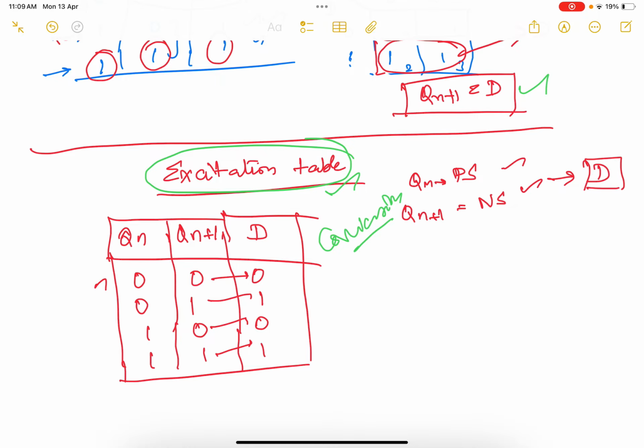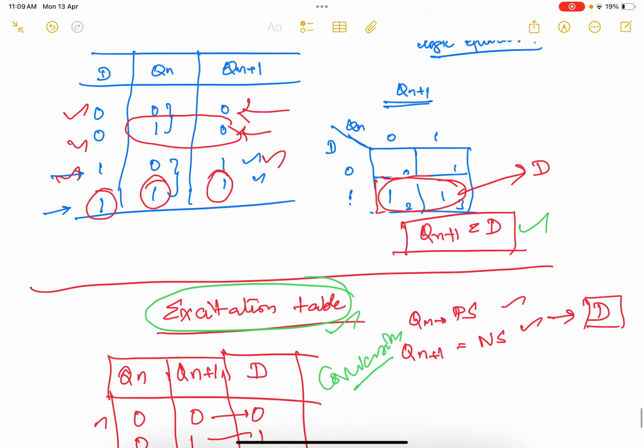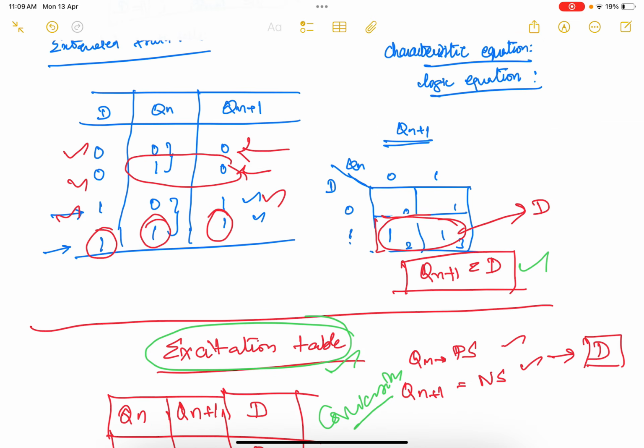So here we are drawing this excitation table. The excitation table shows, based on your present state and the next state, what are the mandatory inputs that you want to set. Here it is going to focus on your extended truth table. If it is 1 0, I am getting 0. Present state and next state, you want to check it here. Present state is 0, next state is 1.